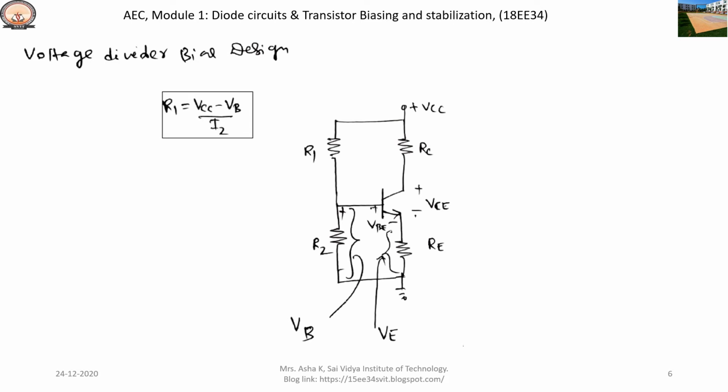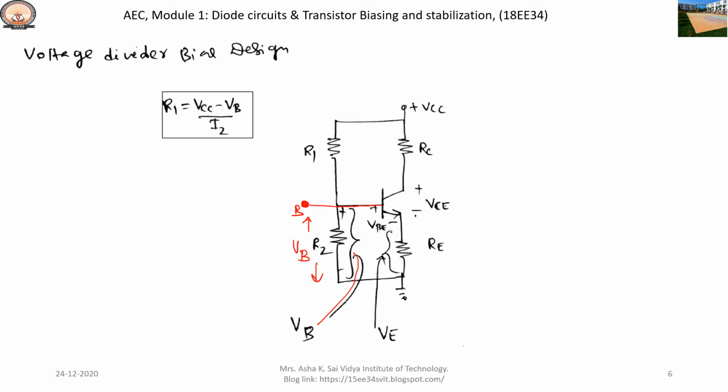First, to find the resistance R1, assume the voltage from the base terminal to the ground terminal is nothing but the base voltage. So the voltage at this particular terminal is VB, and it is represented here.